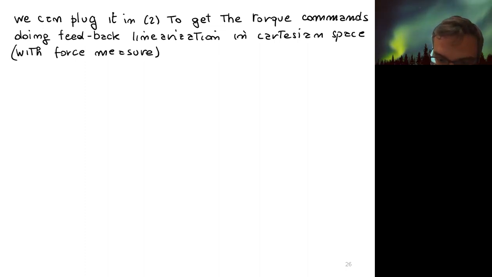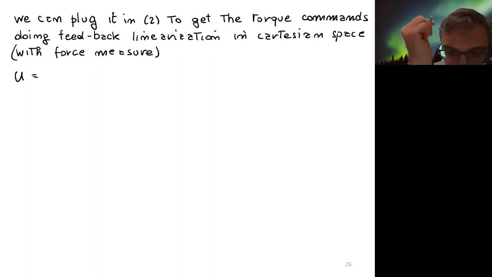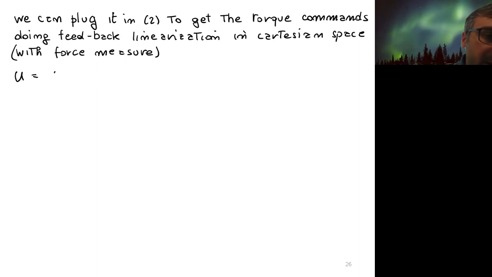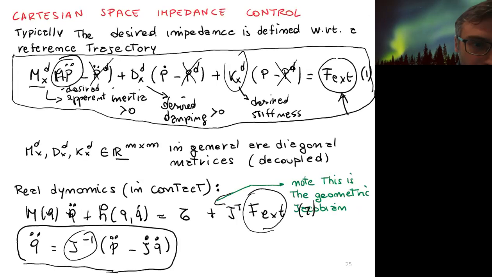and we can plug this expression in the previous one, and in essence achieve what we did in the case of task space inverse dynamics, to get the torque commands that are performing feedback linearization in the Cartesian space. So I get whatever was before. I think I put tau, let's put u.